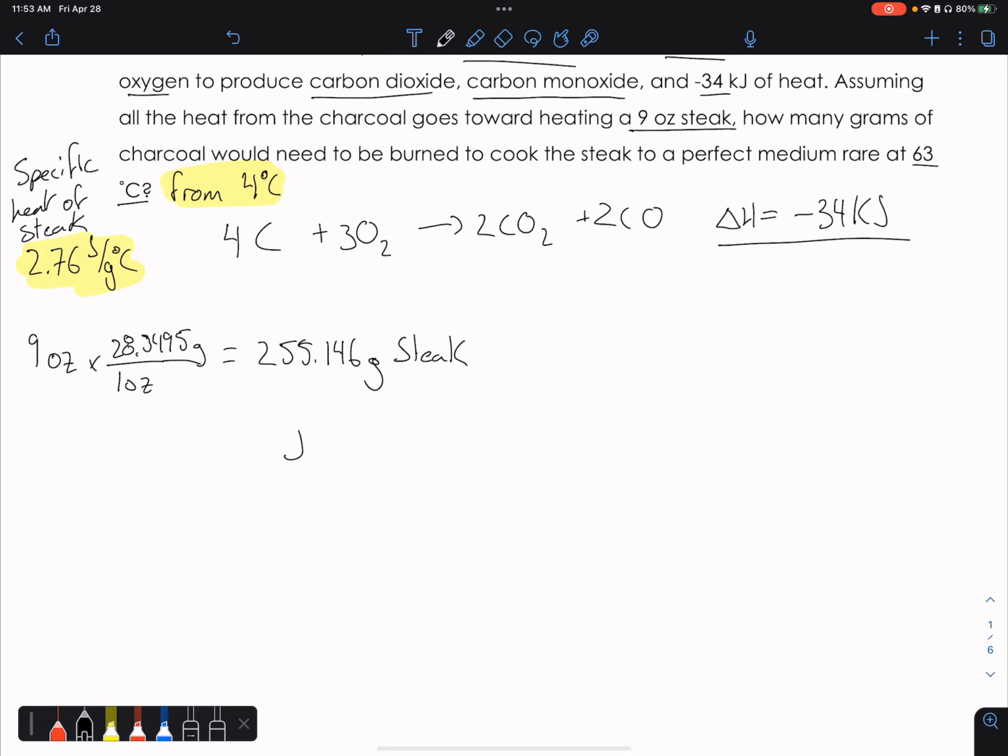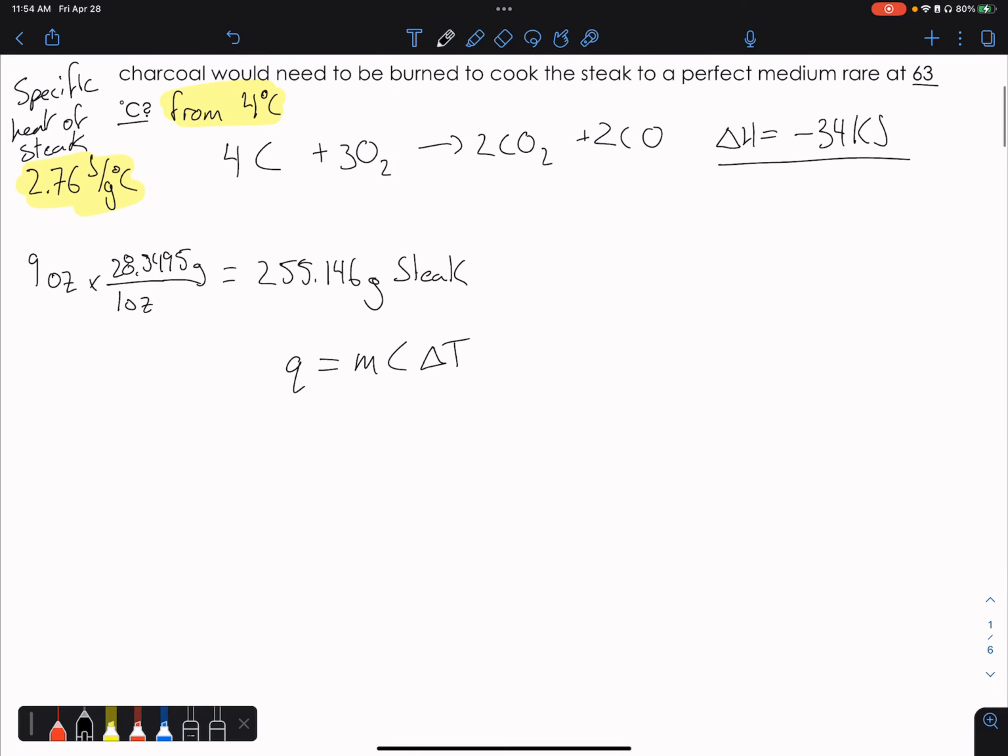Here now we need to know how many joules it's going to take to heat our steak. So Q equals mc delta T. Q is what we're looking for.